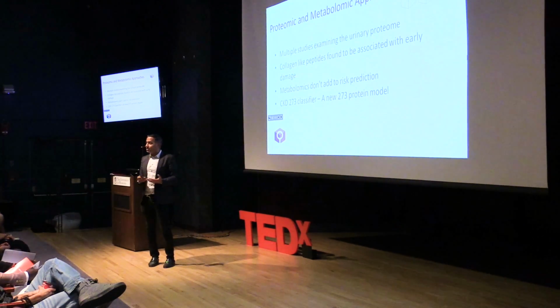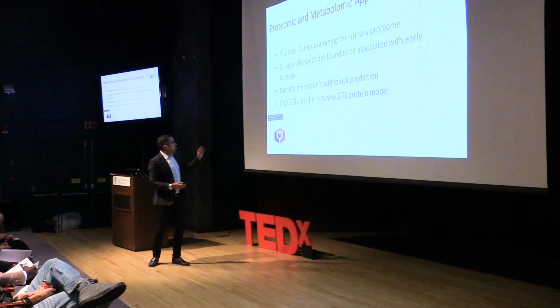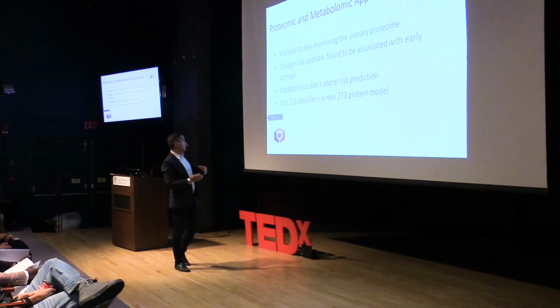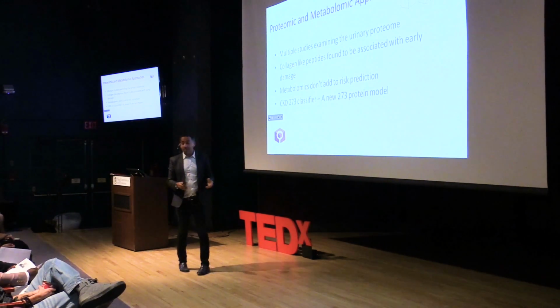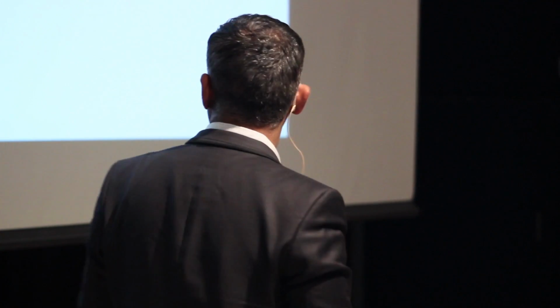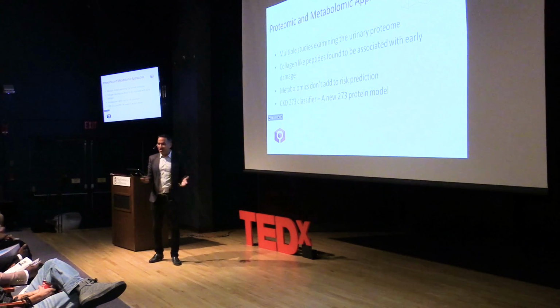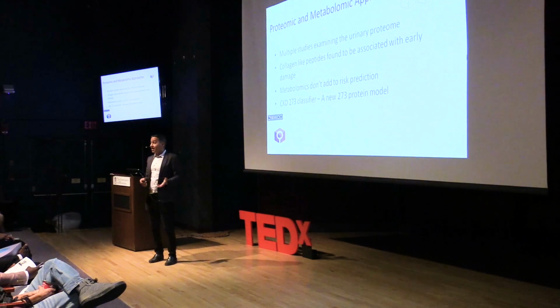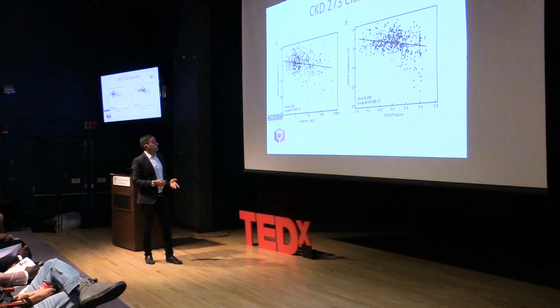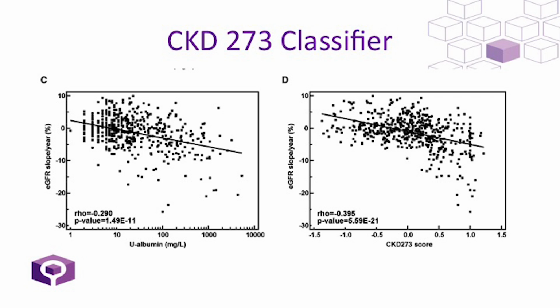But does it help you predict kidney disease now? Metabolomics don't add anything, and somebody did build a classifier. They took 273 proteins and built a model called the CKD273 classifier and looked to see whether that improved prediction. As it turns out, not very much.